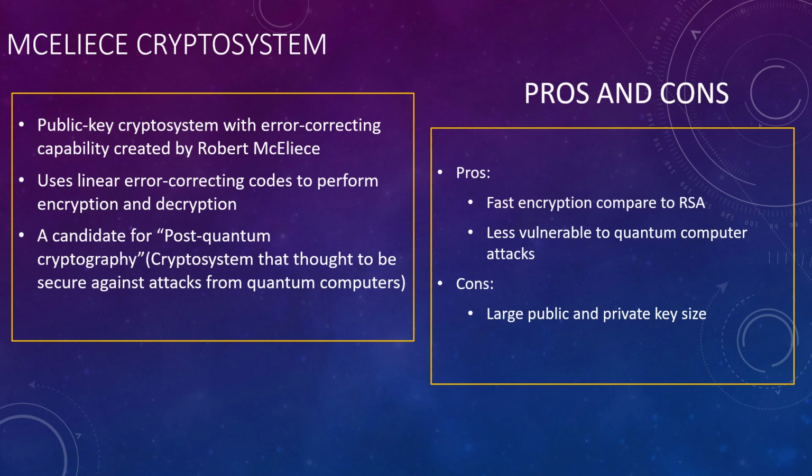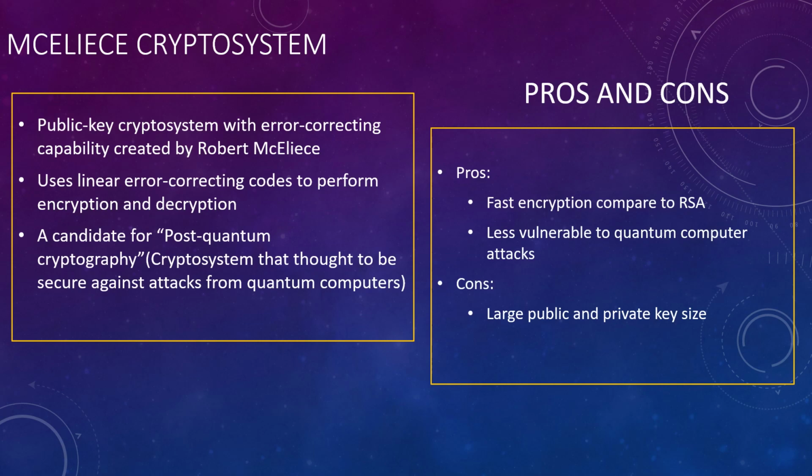So let's talk about the pros and cons of the McEliece Cryptosystem. In terms of advantages, it has fast encryption compared to RSA, since it can encrypt multiple messages or multiple data at once because it uses matrix multiplication, while RSA encrypts the data one by one.